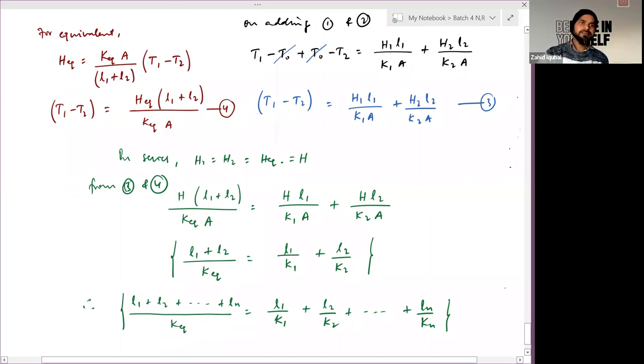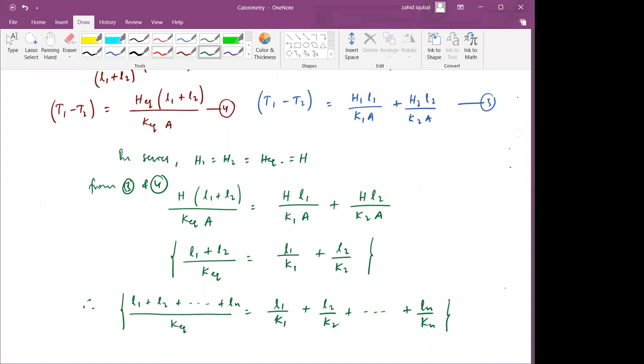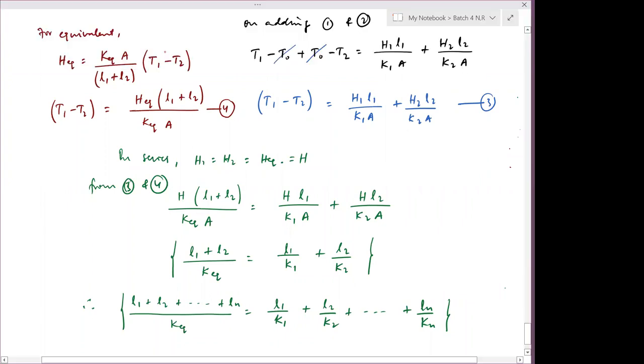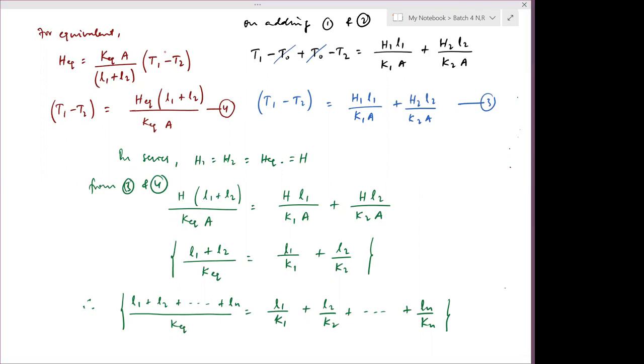Gautam, is it clear? Yes, sir. Minashi, any doubt? No, sir.